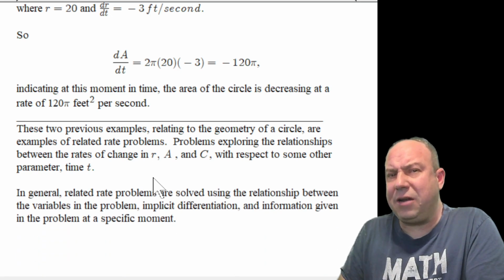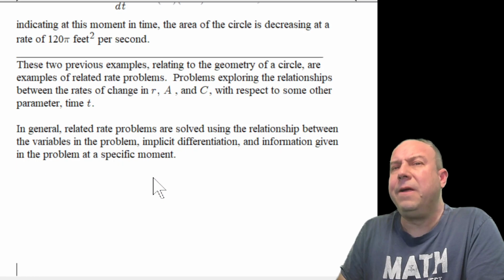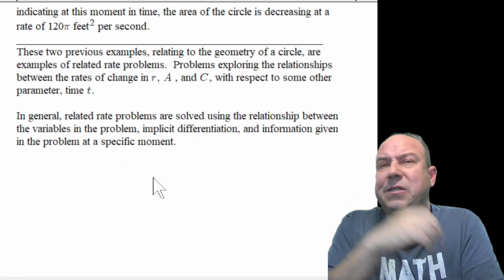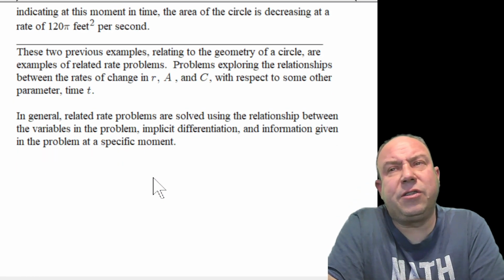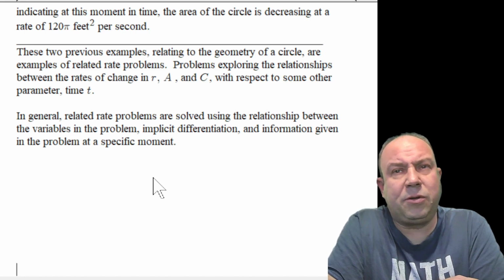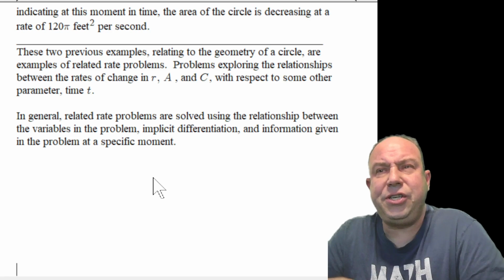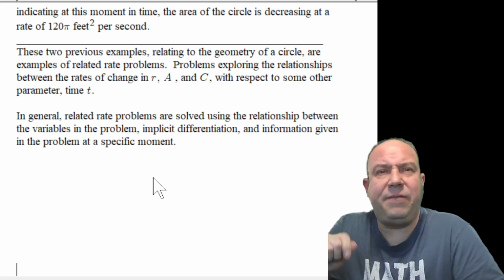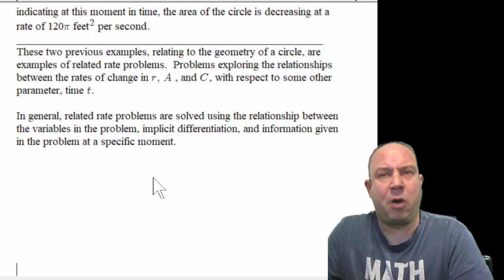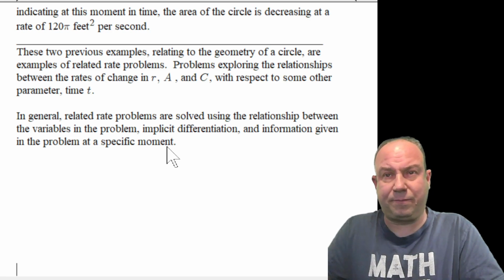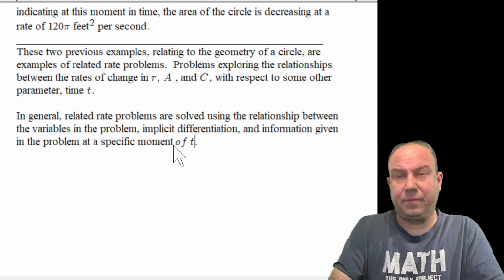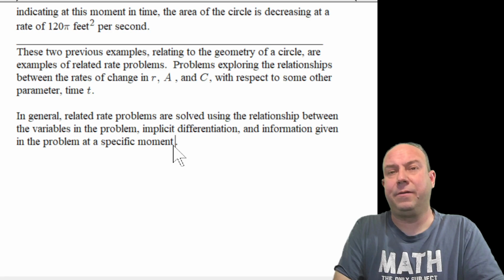And in general, related rate problems are solved using the relationship between the variables in the problem, implicit differentiation, and information given in the problem at a specific moment of the parameter. Maybe I should add that there, of the parameter.